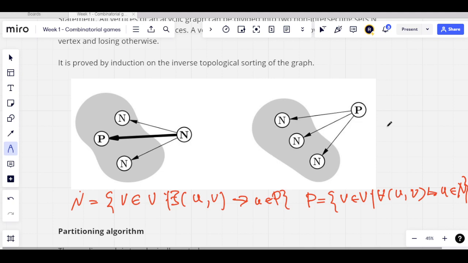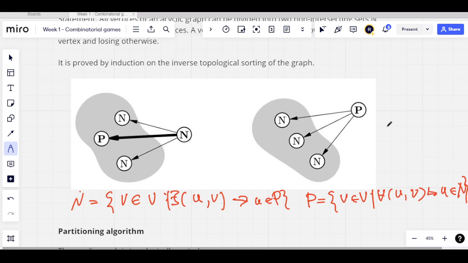The base of this mathematical induction will be that we just mark our leaves as P, and then the induction step is we just traverse our graph in inverse topological order.